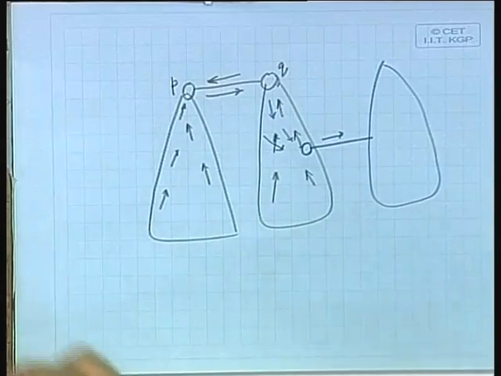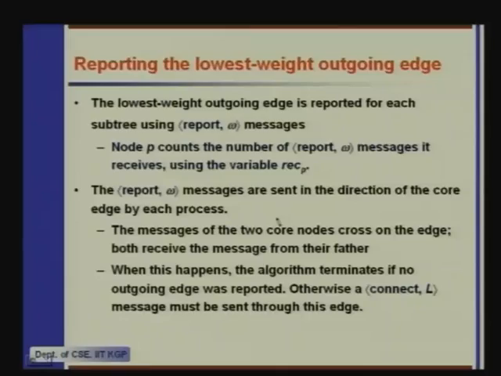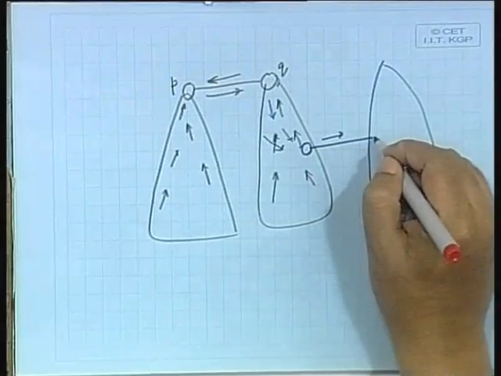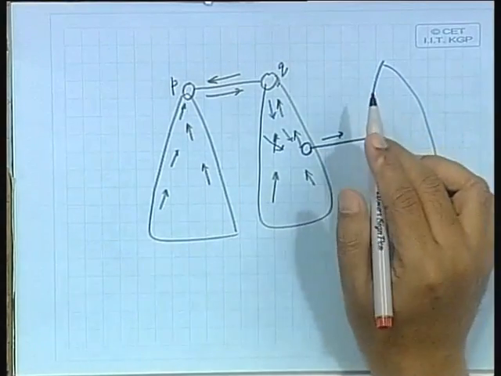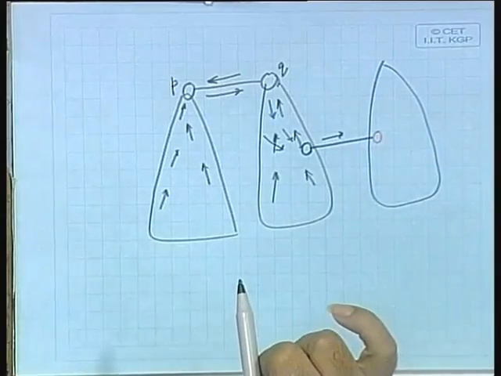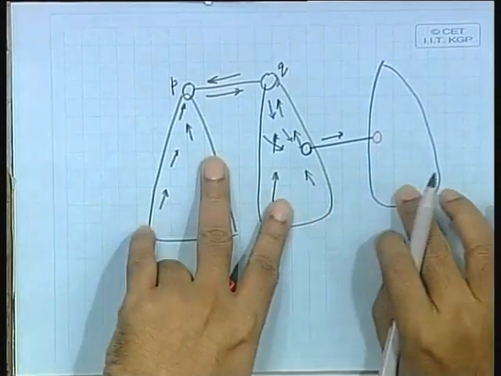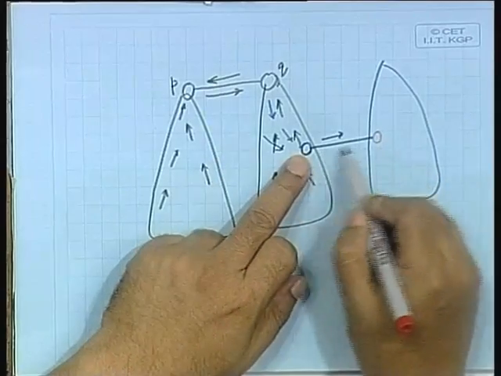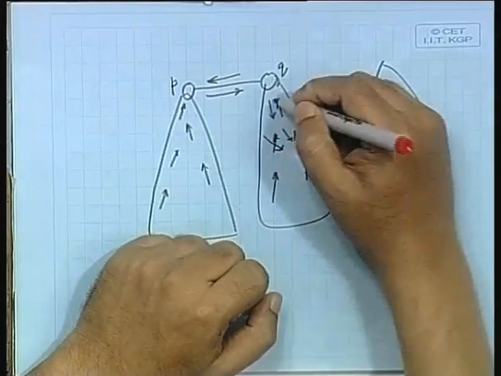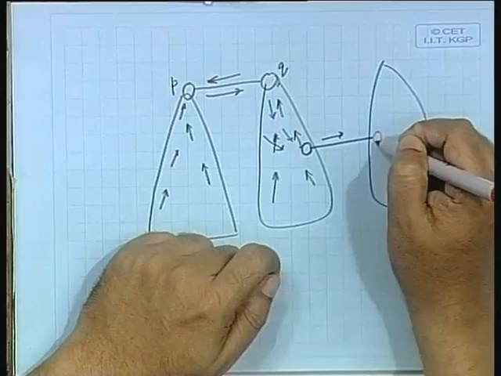Why? See, this is interesting. See, this may not become the core edge of the integrated fragment. There are two possibilities. One is that these two are in the same level, in which case this one will become the core edge. So, all of this will have to orient towards this.